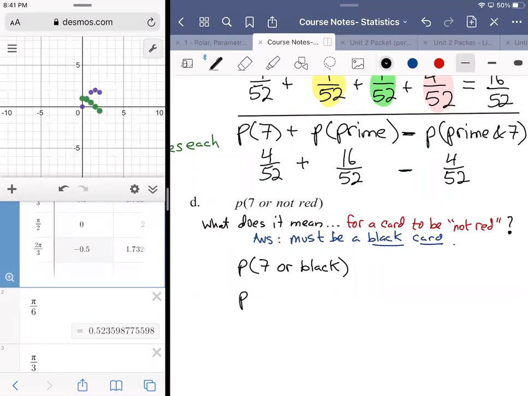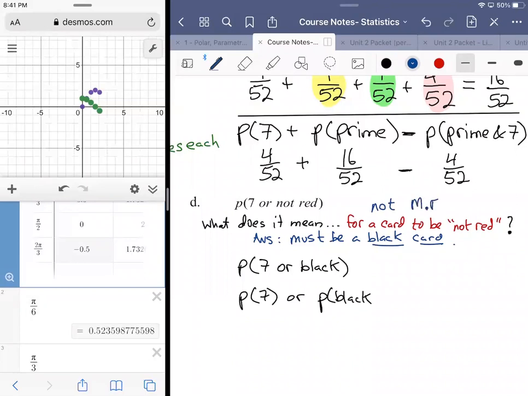So then I would look at this and say, okay, probability of 7 or probability of black. But is it really just black? You've got to think about overlap. This is another case where it's not mutually exclusive, meaning there is some overlap.